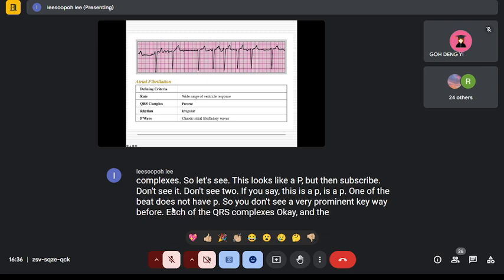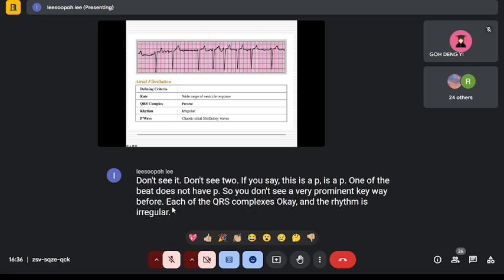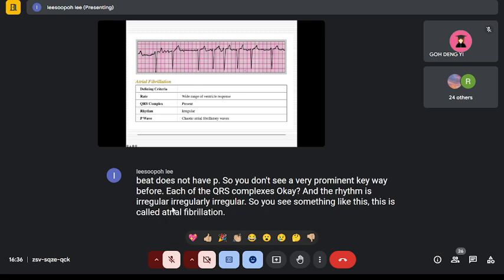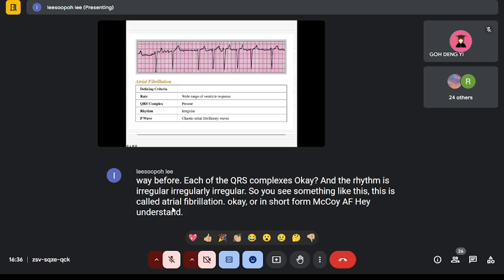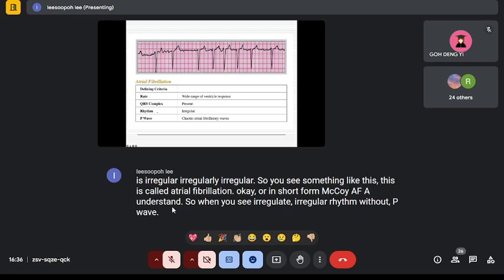Okay, and the rhythm is irregularly irregular. So if you see something like this, this is called atrial fibrillation, or in short form we call it AF. Okay, understand? So when you see irregular rhythm without P wave, this is atrial fibrillation.